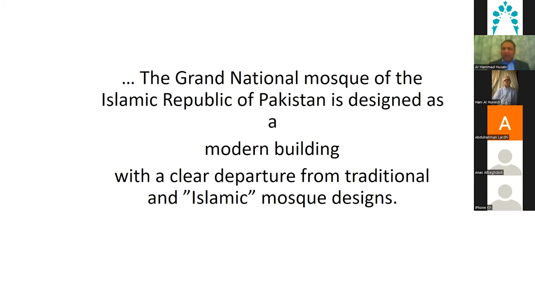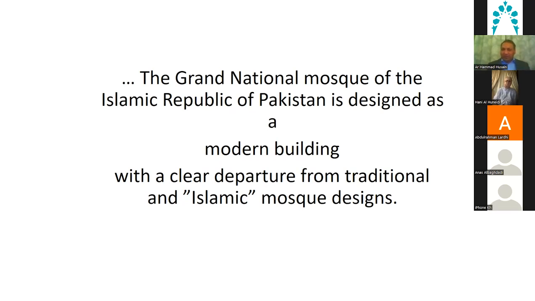But here comes the irony: when it came to the only religious building of the city, the Grand National Mosque of Islamabad, it was designed as a modern building with a clear departure from traditional and so-called Islamic mosque designs. So this sort of completed the cycle.